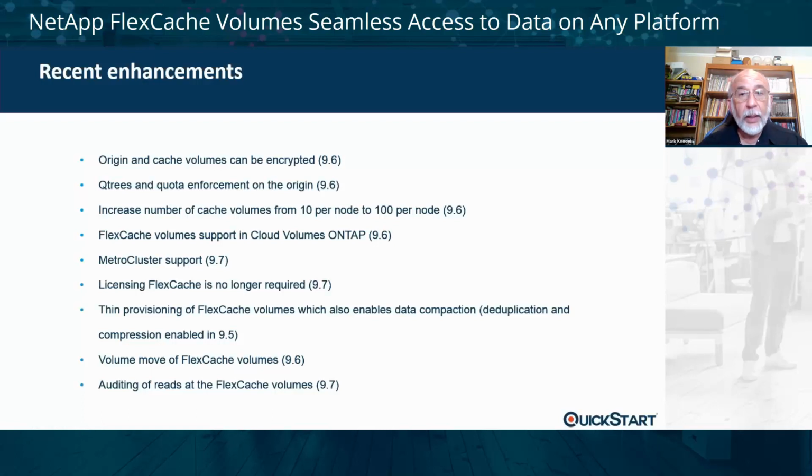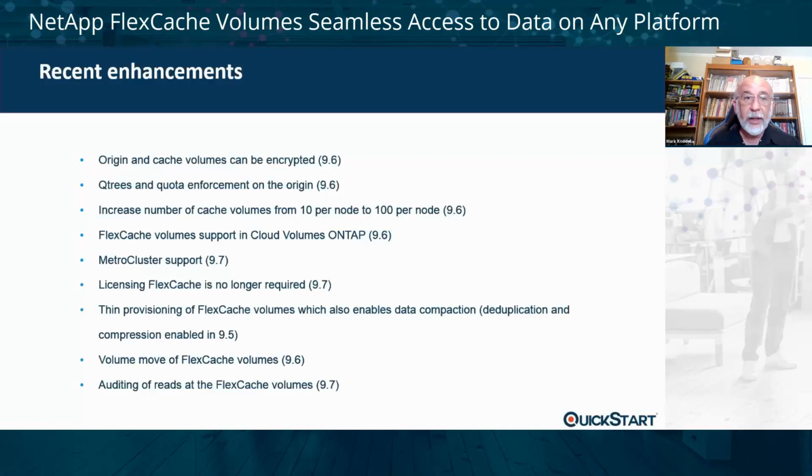And so now the origin and the source volume, or the source and the cache volume, can be encrypted. This was a 9.6 enhancement. We didn't originally support Qtrees. Now Qtrees and quotas can be enforced on the origin volume. That is a new feature in 9.6.